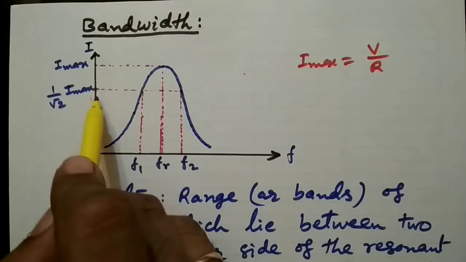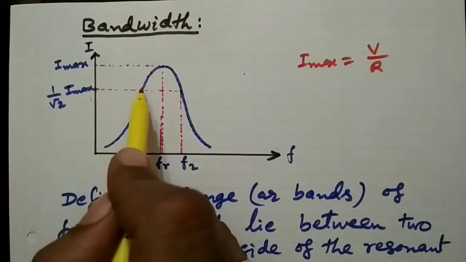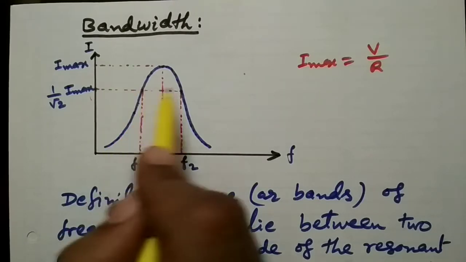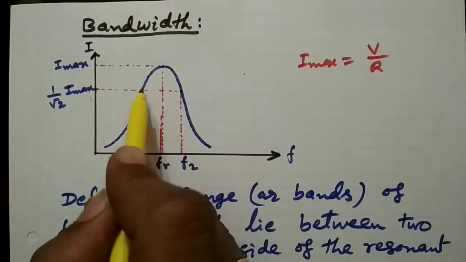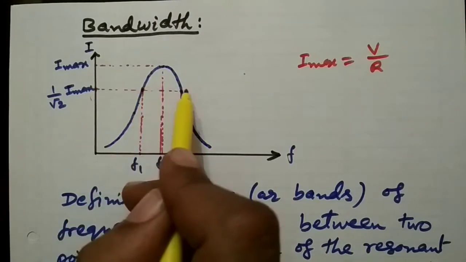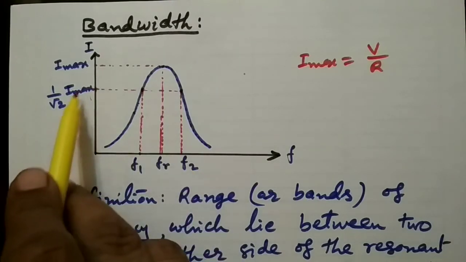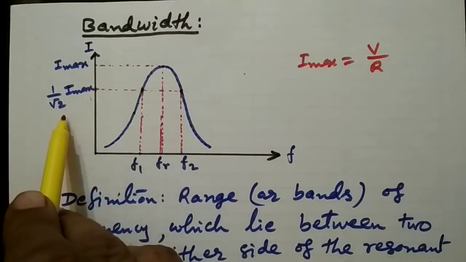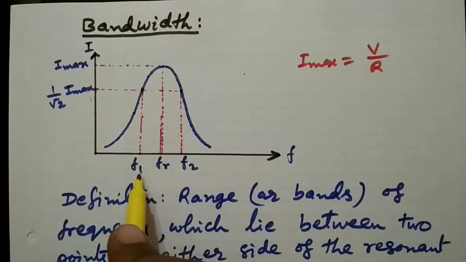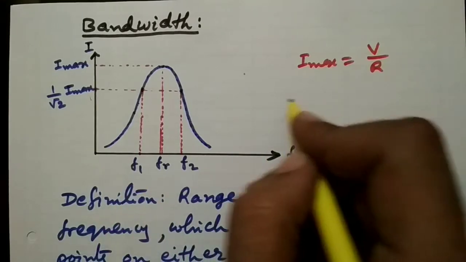So this current we can get at two different frequencies, as can be seen from the resonance curve. That means at the frequency F1 as well as at the frequency F2, the value of the current will be Imax by root 2. Therefore, the range of F1 and F2 is considered as the bandwidth.